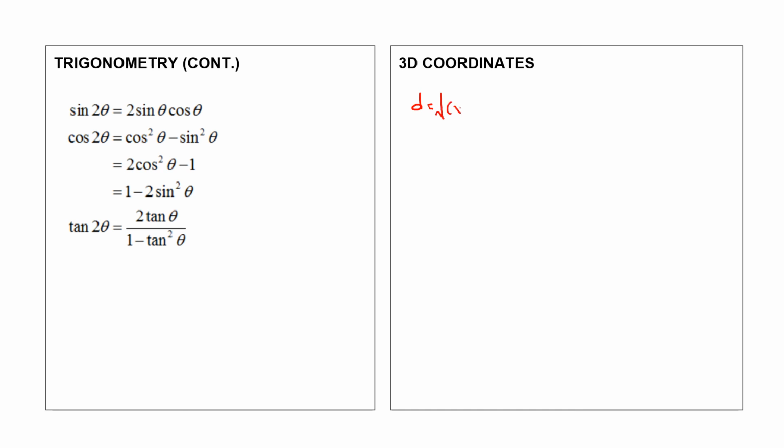We have x minus x0 squared plus y minus y0 squared, but then with 3D, we have that extra variable, z minus z0 squared. So that would be the distance equation in 3D.